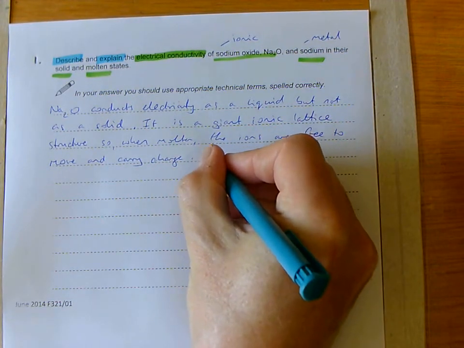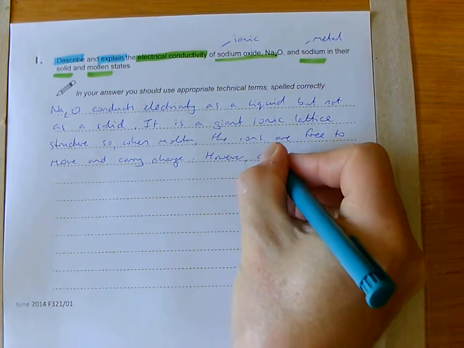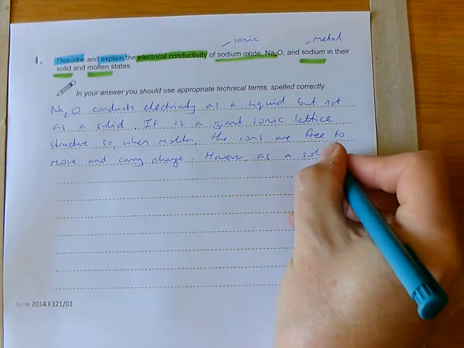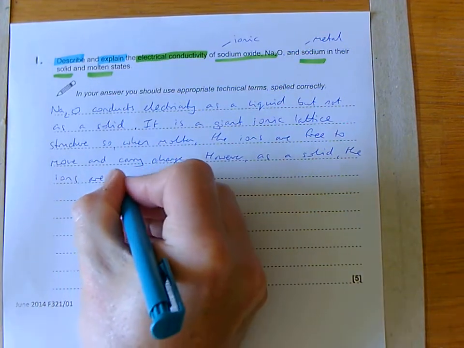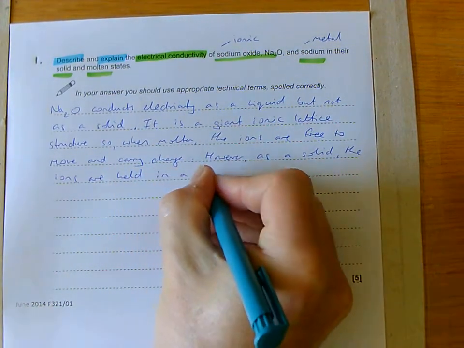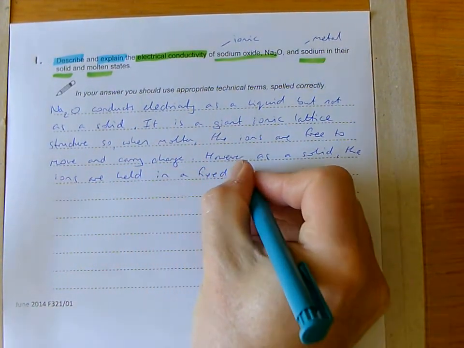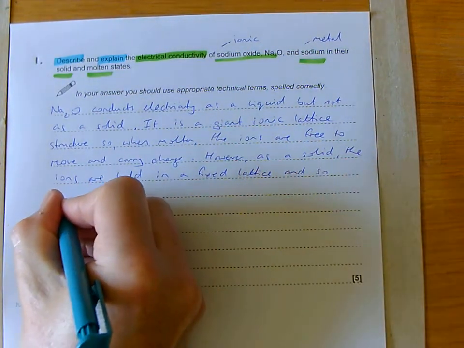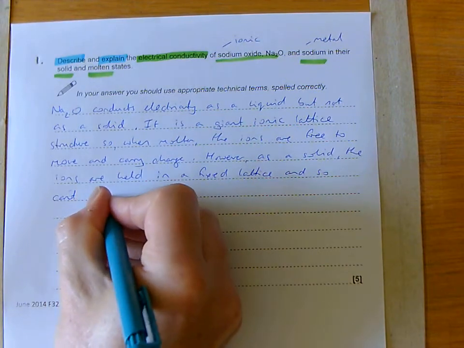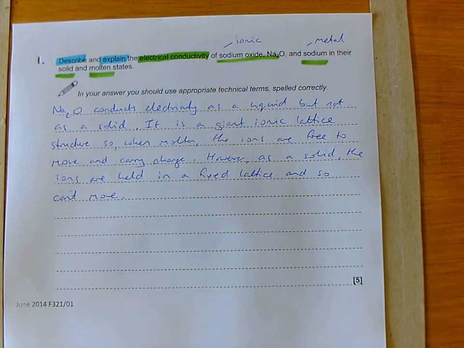So, however, as a solid, the ions are held in a fixed lattice and so can't move. So that's pretty much covered everything I want to say about the sodium oxide.